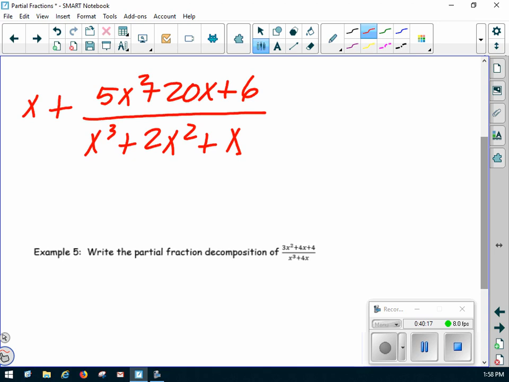Indeed, the degree of the numerator now is smaller than the degree of the denominator. So now we do a partial fraction decomposition on that. But we do that next class. Now, so your answer is going to look like, when you get this all finished, x plus whatever this partial fraction is, okay?